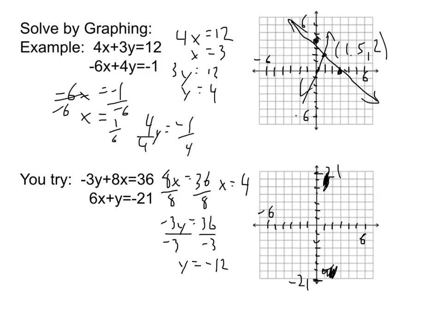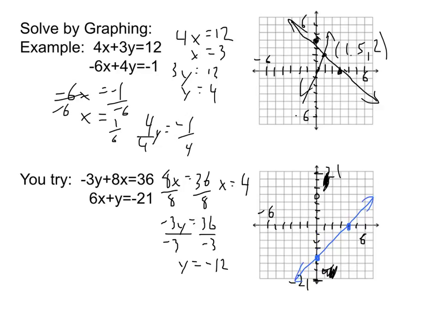Alright, so I'm at negative 12, let's see, 3, 4, 5, 6, 7, 8, 9, 10, 11, 12. Oh, it was negative 12, wrong direction, sorry. We'll go blue. That's 3, 6, 9, negative 12. And this is 4. Connect those two dots with a line.